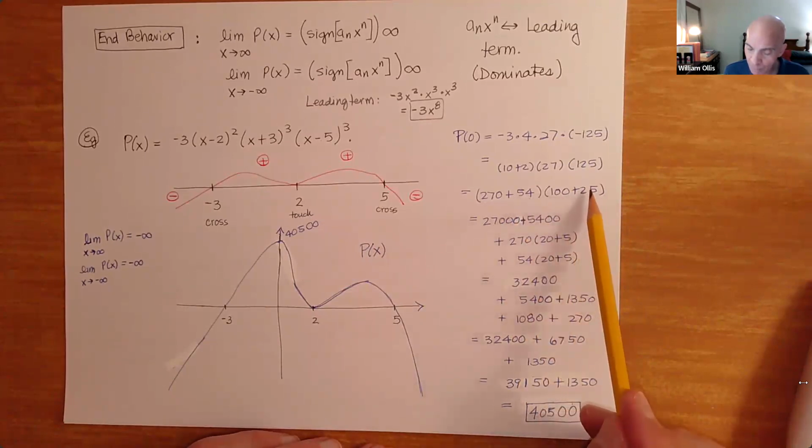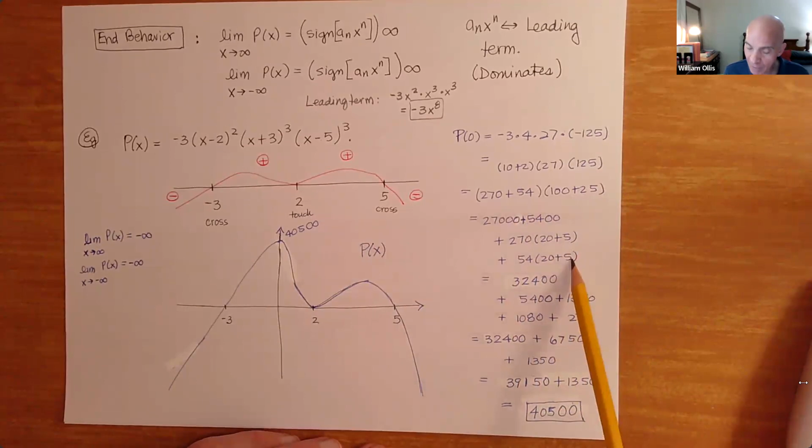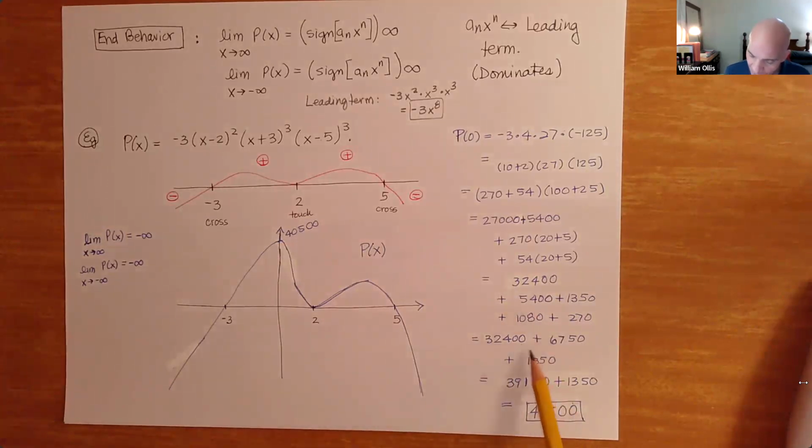Then we have to multiply 270 and 54 by 25. So I just wrote the 25 as 20 plus 5 to make these multiplications simple. So there is a way to actually multiply numbers in a very simple way when you break down the numbers using the base 10. And so as you continue to add here, I thought this was an interesting exercise.